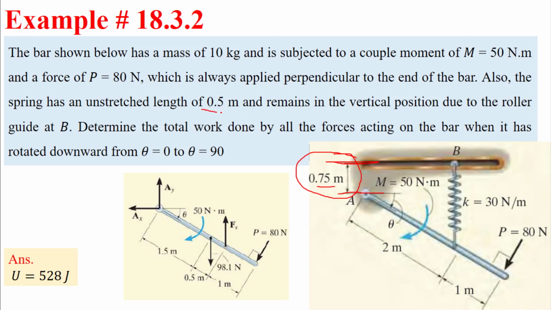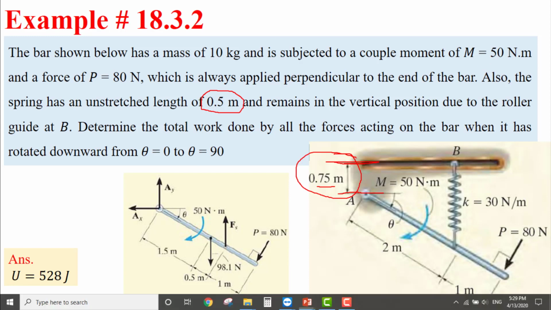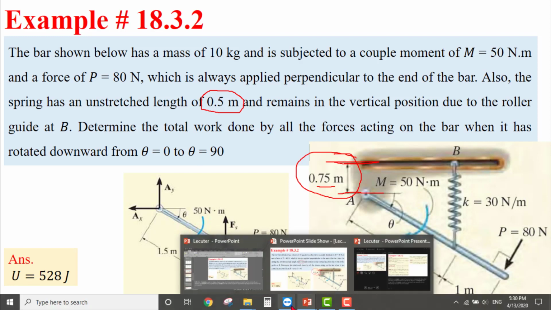And it's mentioned in the statement of the problem that the original length of this spring is 0.5. How can we benefit from these two pieces of information?